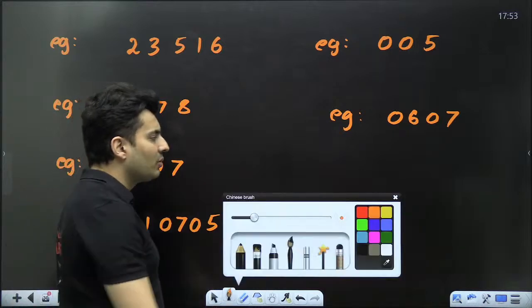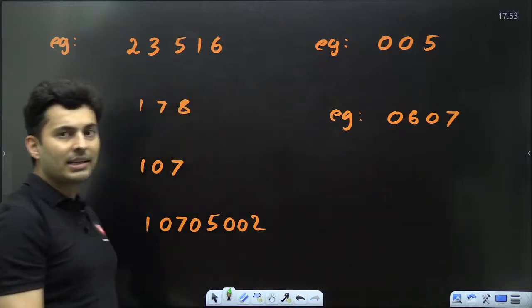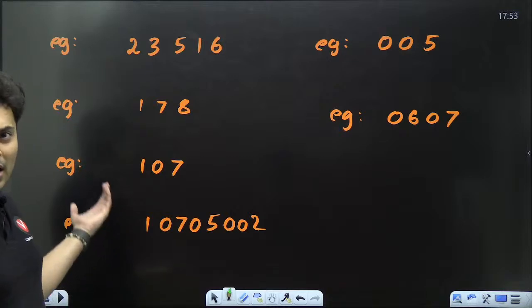Okay, so in each one of them, let's identify where there are significant zeros and numbers, otherwise we'll just cross it out.